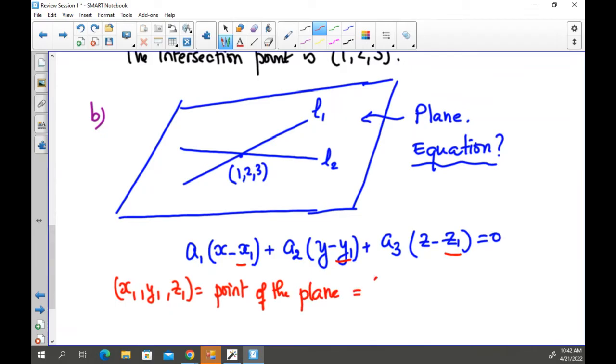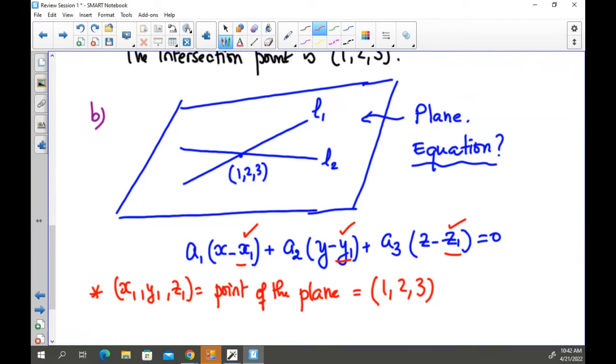Which is the point 1, 2, 3. So X1 is 1, Y1 is 2, Z1 is 3. We know this. So we know this X1, Y1, and Z1.